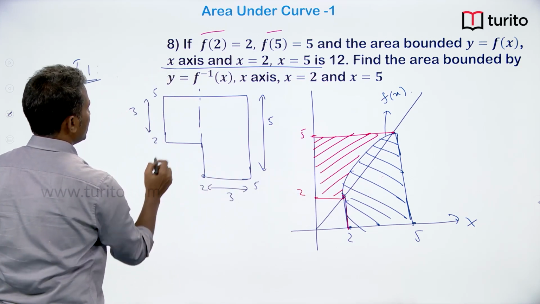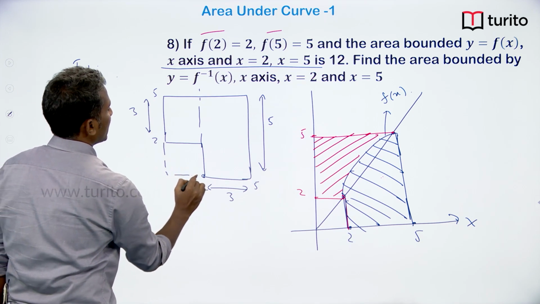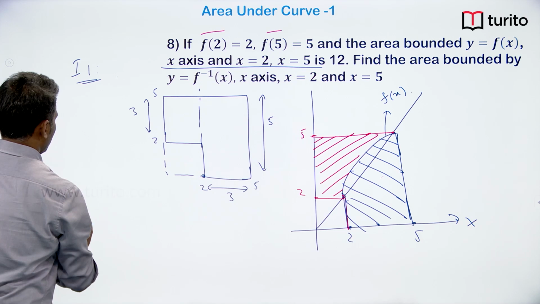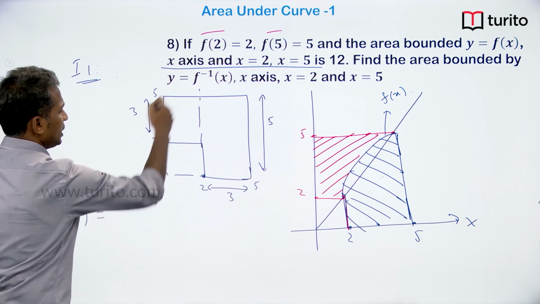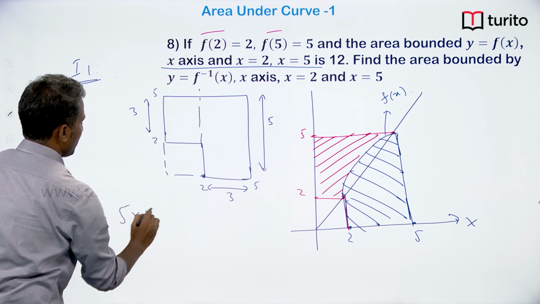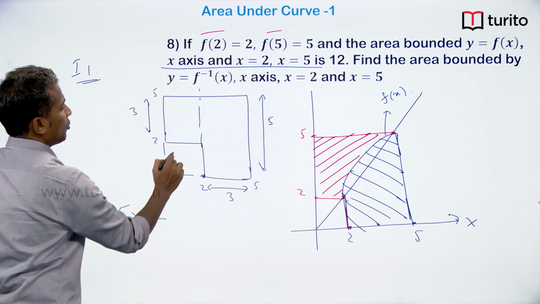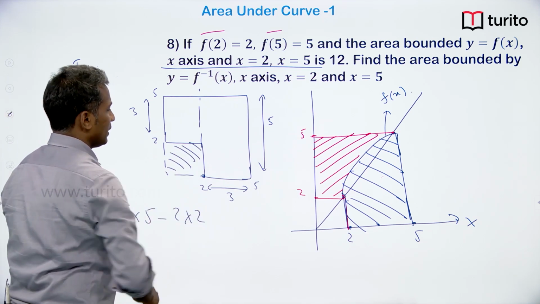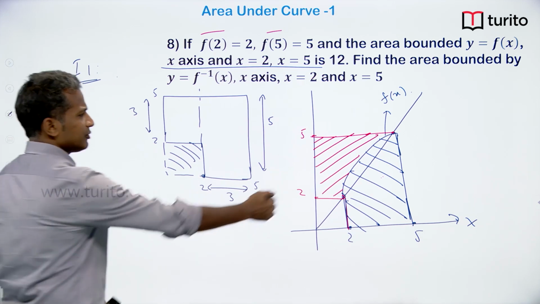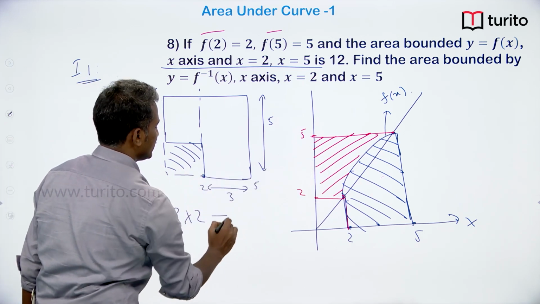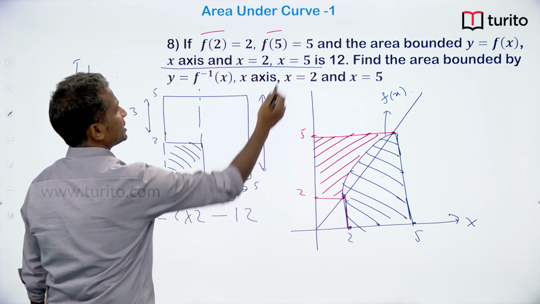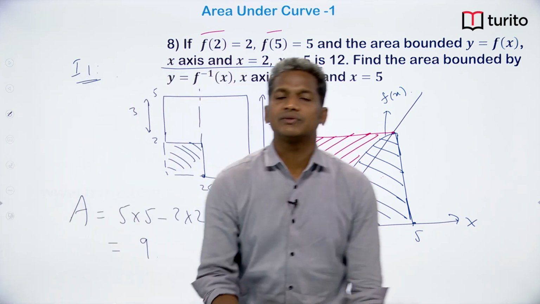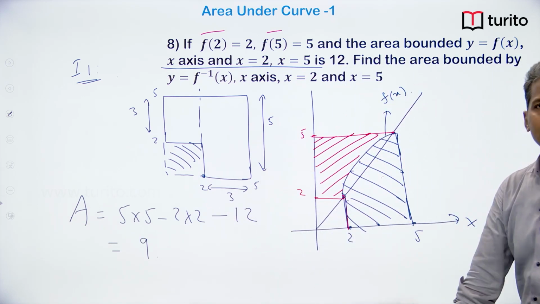Now, what is this area? See, if we complete this rectangle, the required area is equal to the overall area, which is 5 into 5, minus this small square's area, which is 2 into 2, and from this area we have to subtract that blue area, which is 12, already given. So, this is going to give us the same number which we got in the last case.